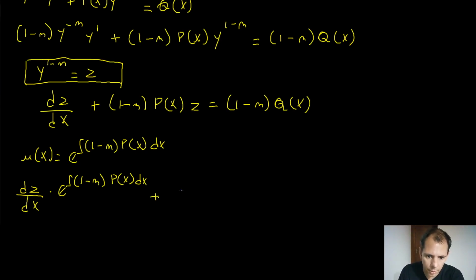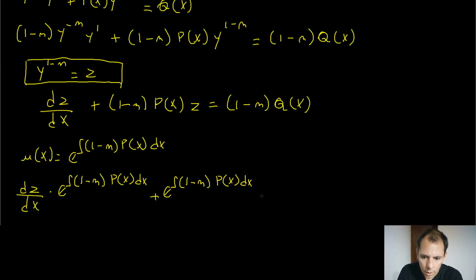And now you do a plus, and then you have the same thing. I'm going to copy and paste this stuff, because I multiplied in there, so I have to multiply in here too.